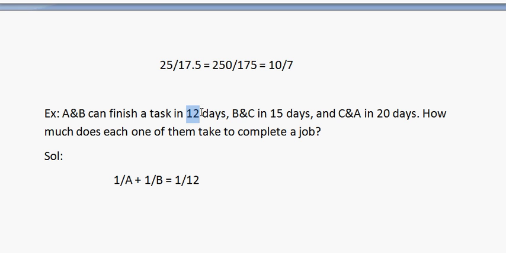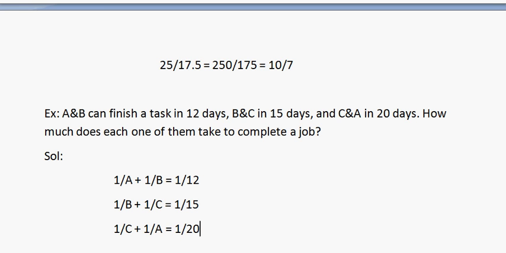So in 1 day, what work is done? 1 by 12, right? Similarly, 1 by B plus 1 by C would be equal to 1 by 15. And finally, 1 by C plus 1 by A is equal to 1 by 20, right?